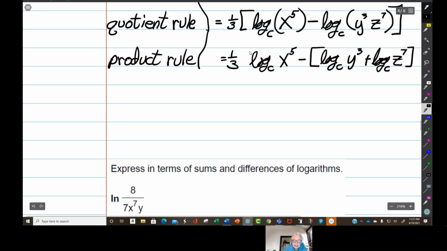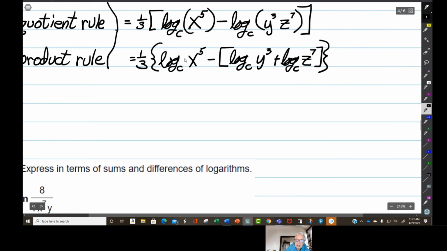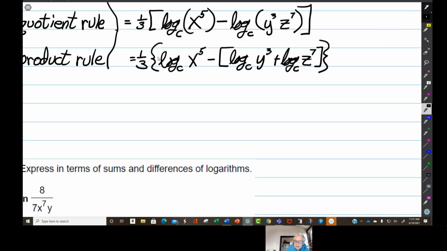When you studied nested parentheses, we changed the shapes just to make it more clear what we're doing. So let me move this over. This is 1/3 times all of this. We have log base c of x to the 5th minus, now this stuff is together.